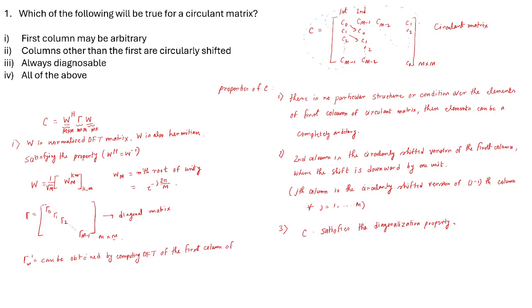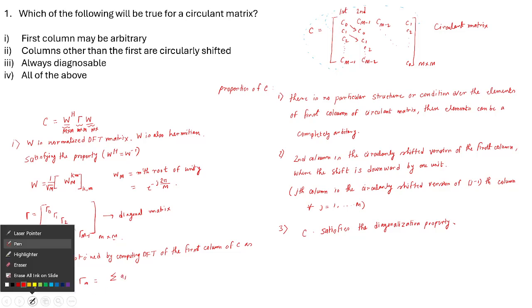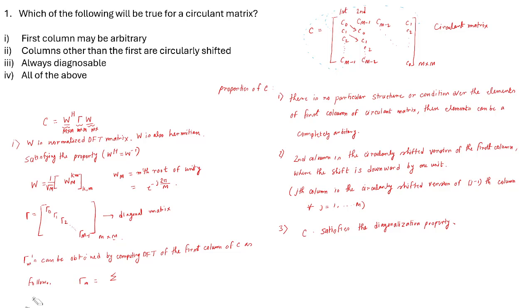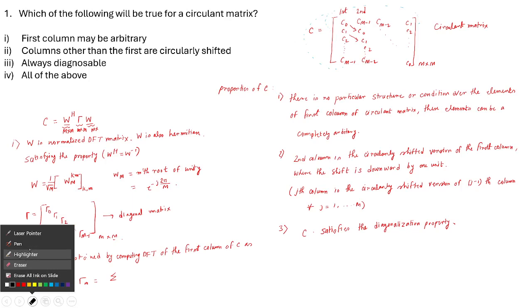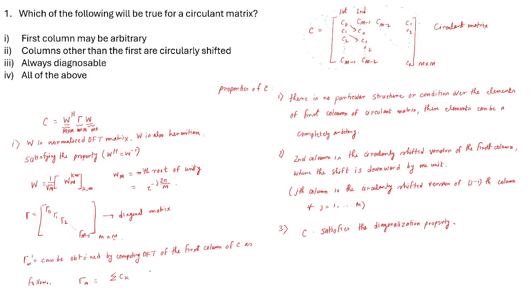The first column of C, as follows: you obtain gamma m by taking these coefficients, which is Ck, and multiplying with the suitable weights Wm, sorry, not Wk, Wm it should be.